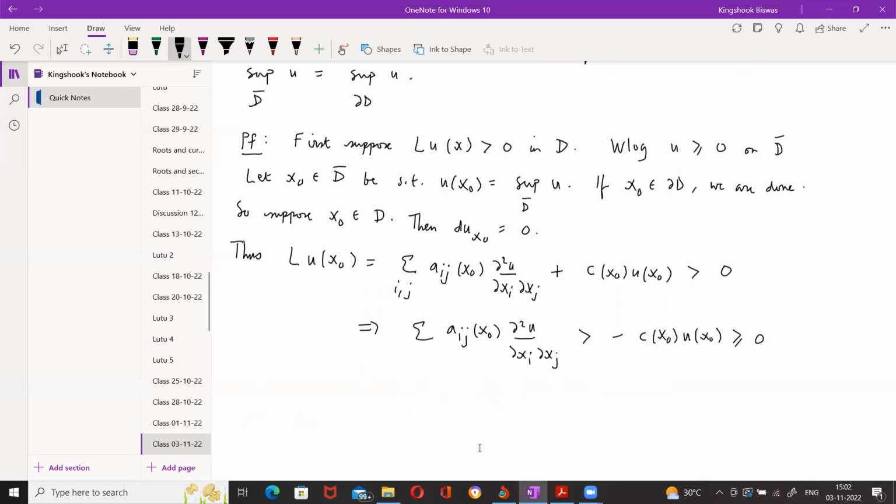Then, because c is less than or equal to 0, this term minus c u will be greater than or equal to 0, right? So this is where we use c less than or equal to 0. So is this all right? So this means what?